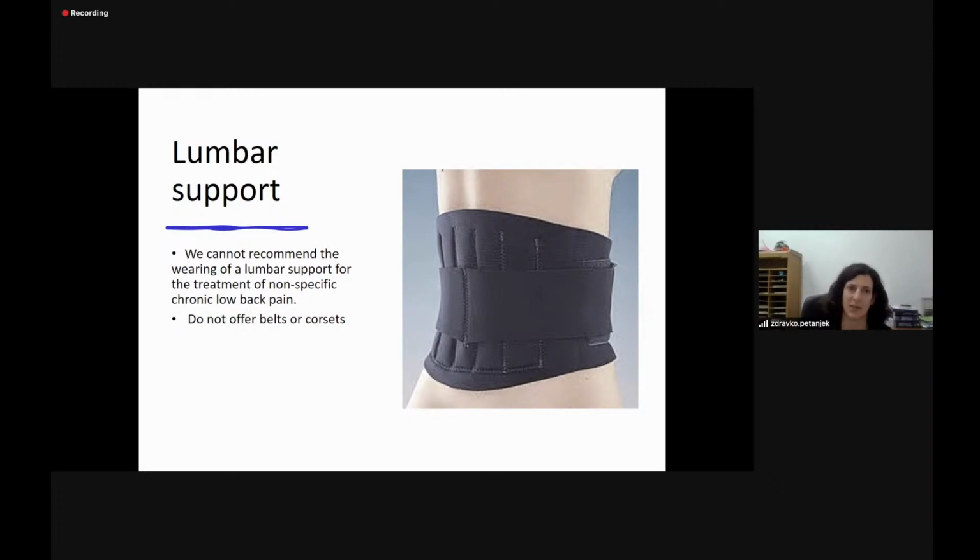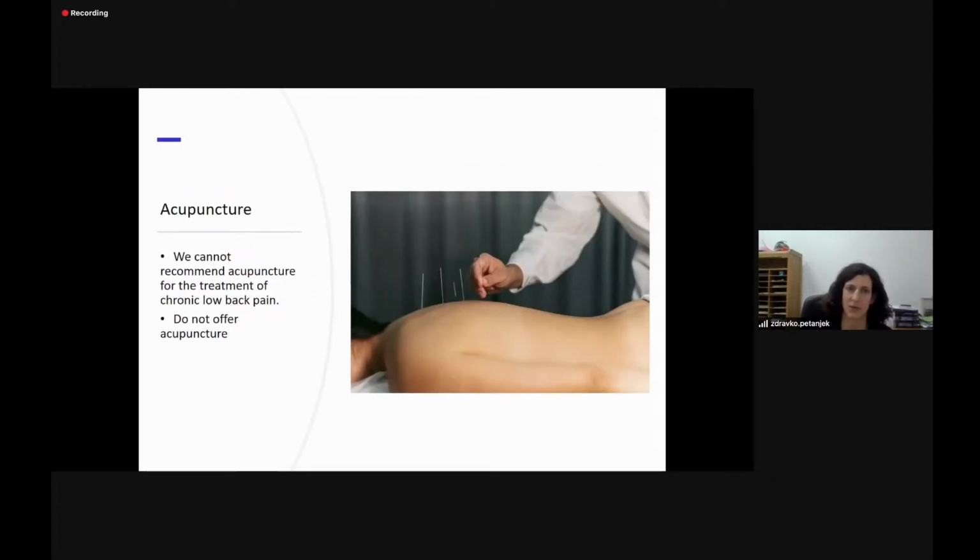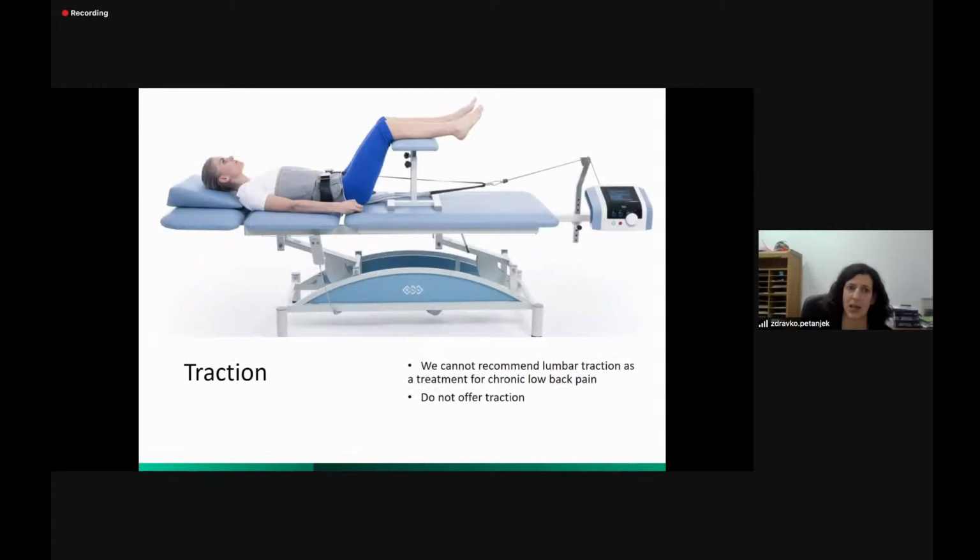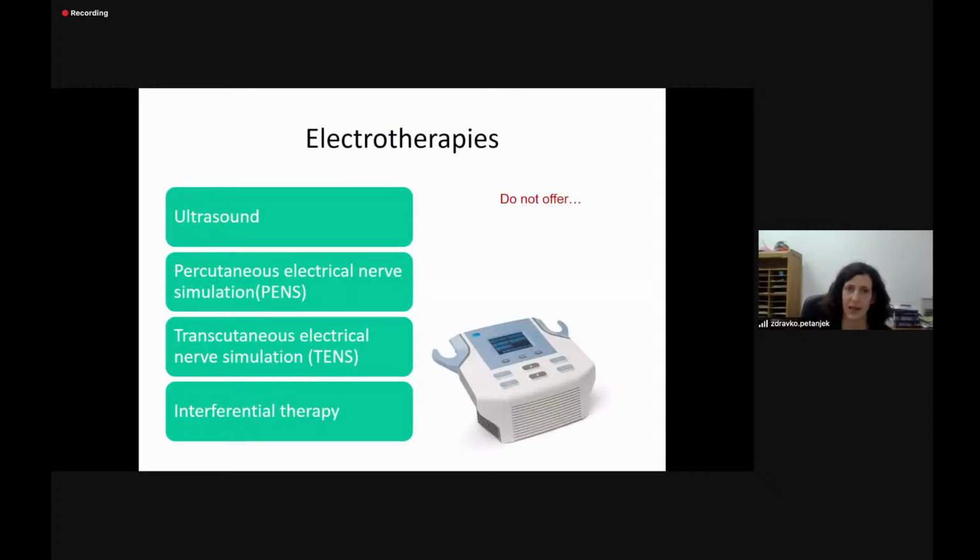One of those is lumbar support, also acupuncture or the traction that has come back now. For 30 years we haven't used traction, and now we are starting to use it again. It's beginning to be more popular once again. And all those electrotherapies, they are really comfortable.